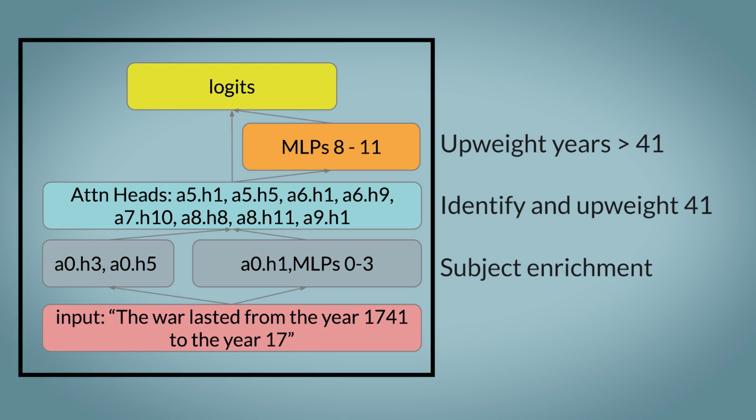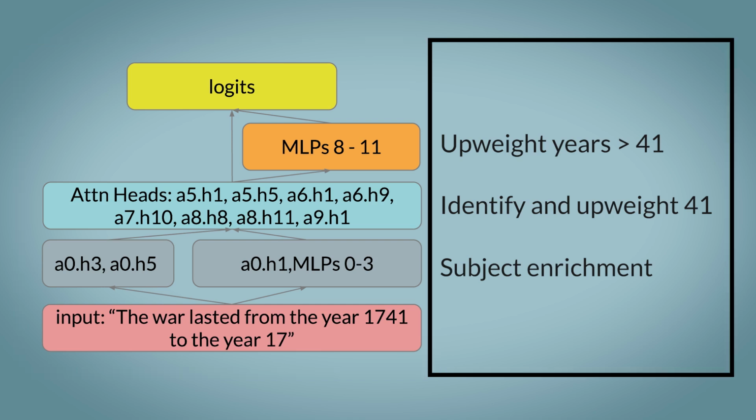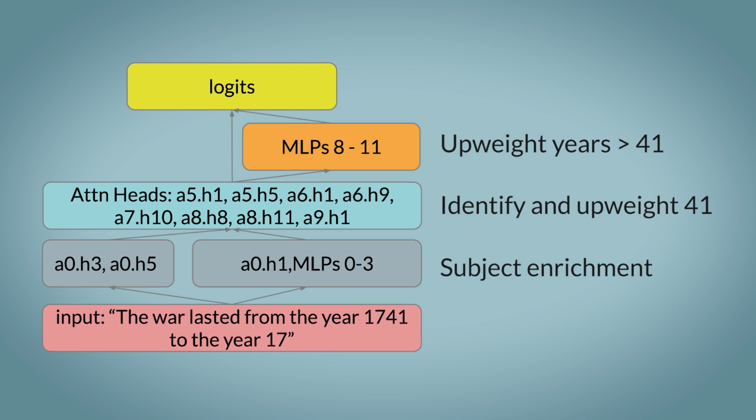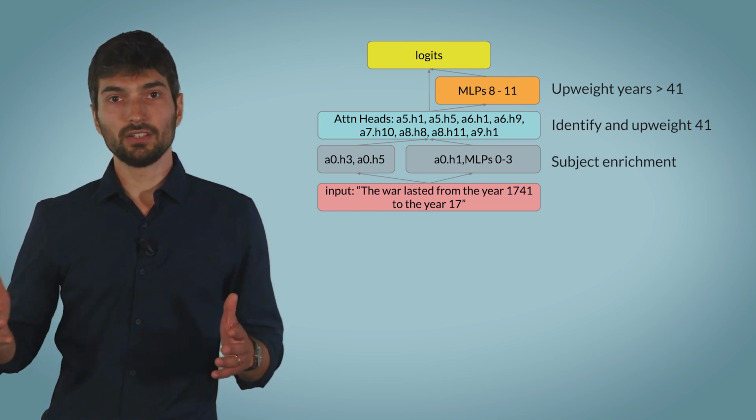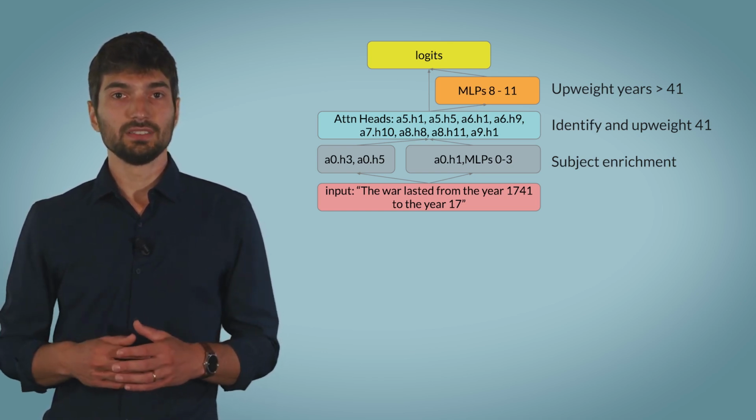The left part of the diagram answers the question, which components of the model implement the algorithm? While the right part of the diagram answers the question, what does each component do? Together, they form an explanation of GPT-2's algorithm for the task. Let's walk through the circuit diagram step by step.